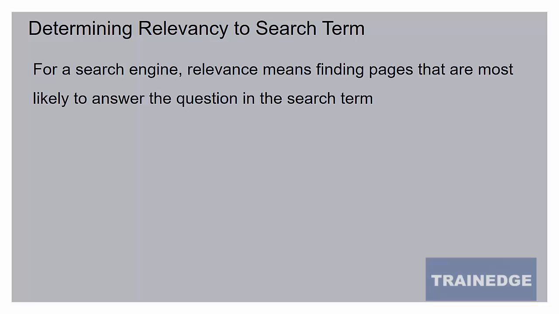So how do search engines determine relevancy of a page to the search term? Relevancy means finding pages that are most likely to answer the question asked by the user in the search term.